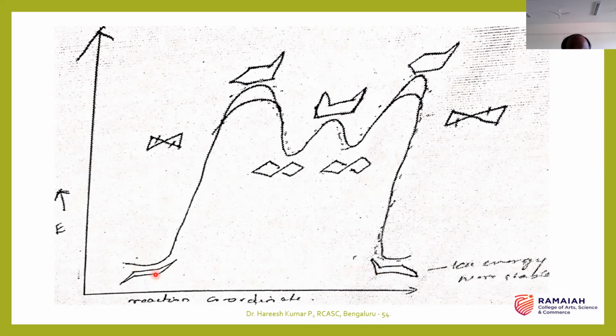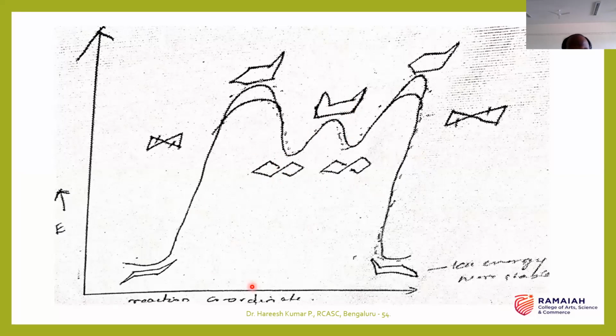And why is it stable? Because they have less energy. Compared to the envelope form, which is more energetic, because of high energy it is unstable. The boat form has a little less energy compared to the envelope form. You can also observe the twist boat; again, the twist boat is a little more stable compared to the boat form.